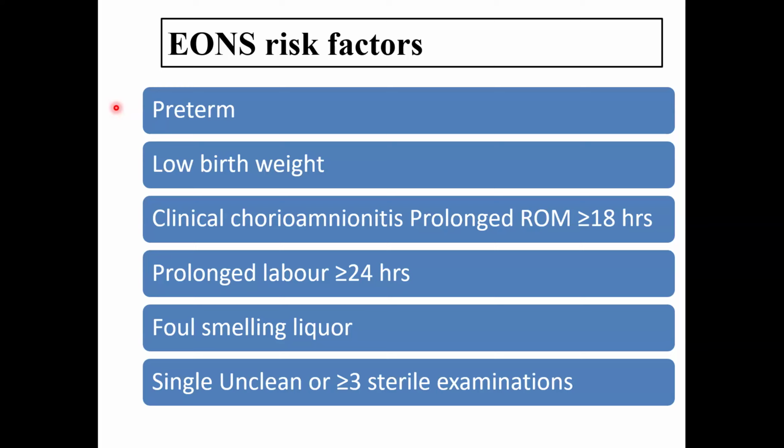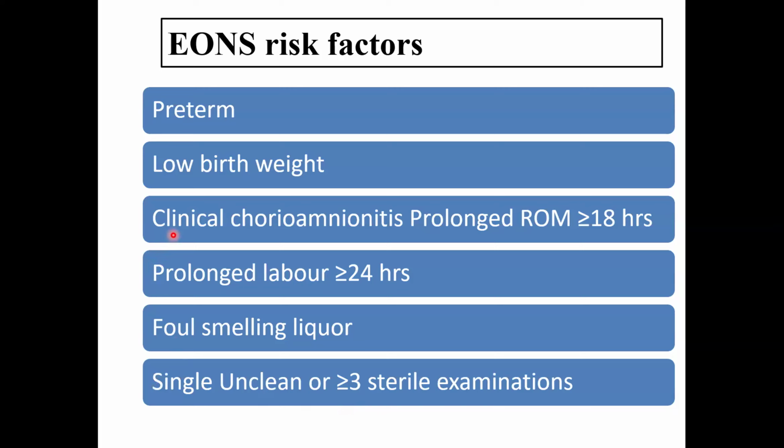it clinical chorioamnionitis. Another risk factor is prolonged rupture of membranes, or rupture of membranes for 18 hours or more. And prolonged labor, which is 24 hours or more, foul smelling liquor, a single unclean PV examination, or three or more even sterile PV examinations. Right?